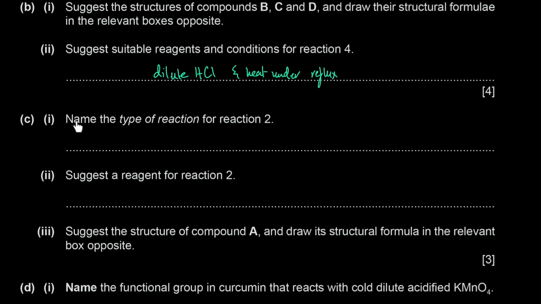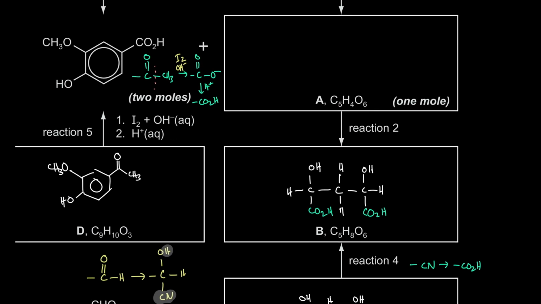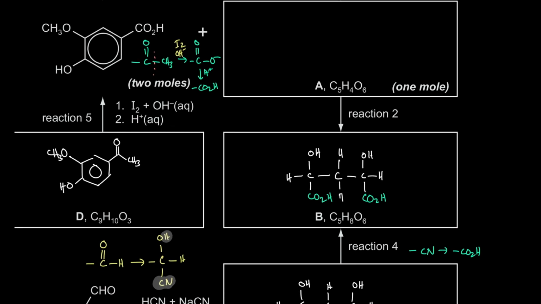Part C says name the type of reaction for reaction 2. Now, if you look at reaction 2, reaction 2 is when compound A is being converted to compound B. Now, what type of reaction is reaction 2? Look at their molecular formula. You're going from C5H4O6 to C5H8O6.